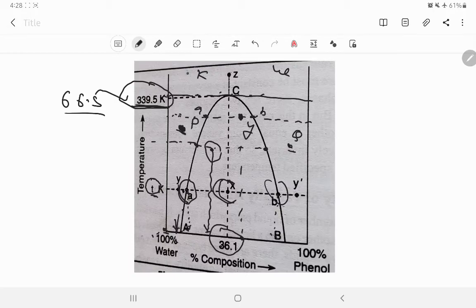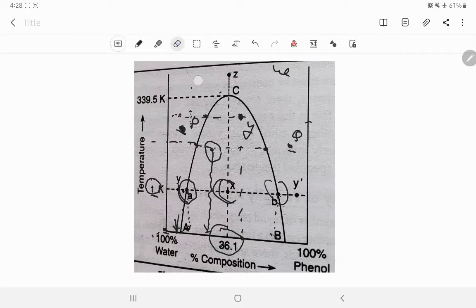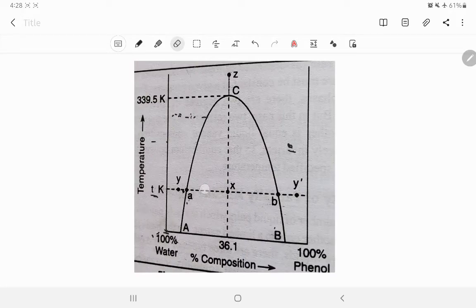If we consider any point above this critical solution temperature, suppose say Y, it is an unsaturated solution. If we decrease temperature, temperature goes on decreasing, no doubt.